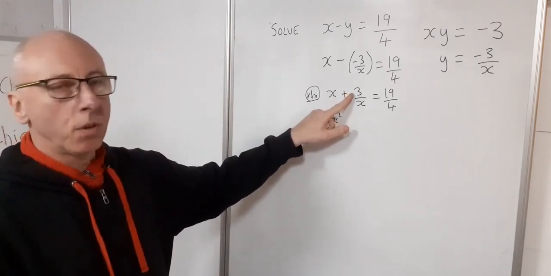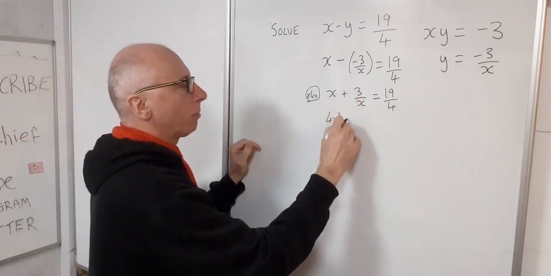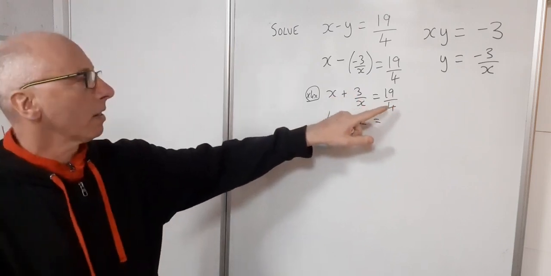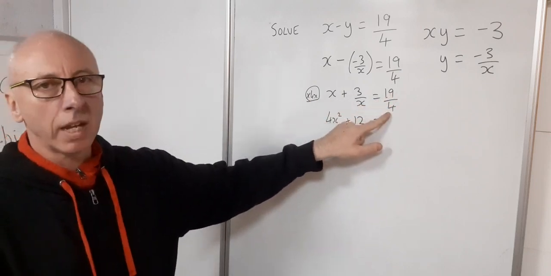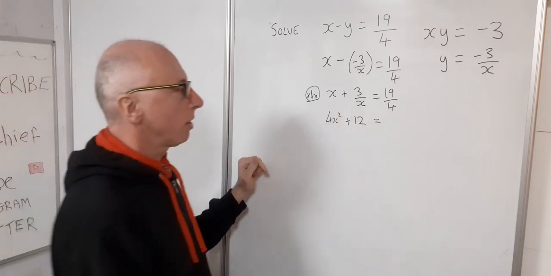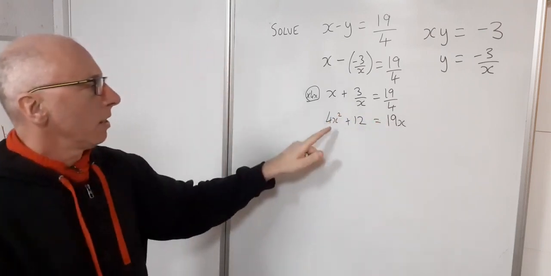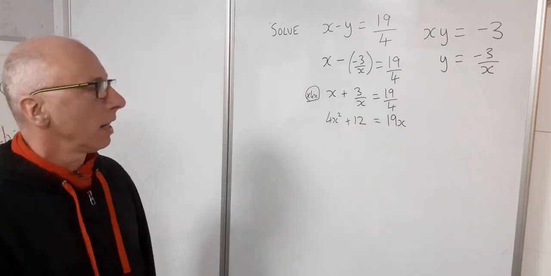Times this by 4x, I'll get 12x divided by x, which just gives me 12. And then multiply this by 4x, I'll get 19 times x, and then the two 4's will cancel out, numerator and denominator. So that just equals 19x. Okay, so 4x squared plus 12 equals 19x, a little bit like a quadratic.